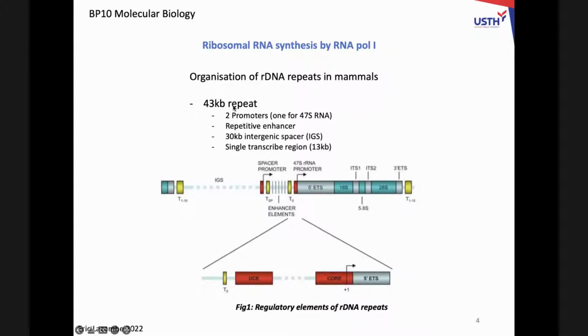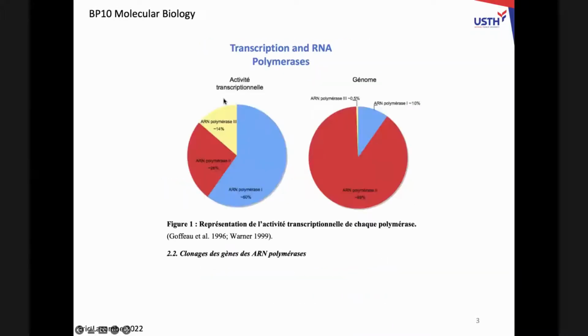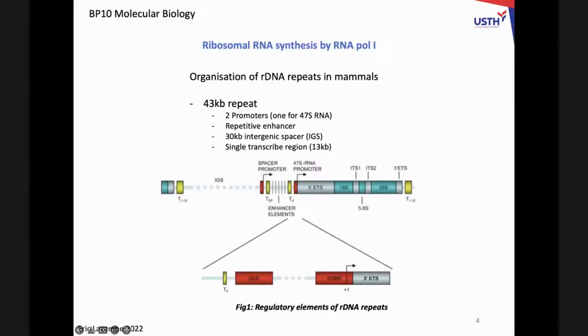The structure of this little portion of the genome, because remember, it's only 10% of the genome that is recognized by polymerase 1. 10% of the transcribed genome, okay, that is transcribed by Pol1. Actually, it's composed of big pieces of DNA that are around 50 kb, and that are repeated in tandem.